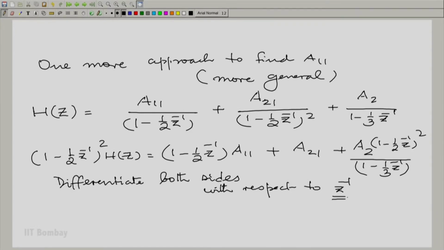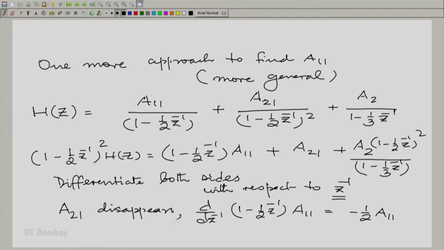So, treat Z inverse as a variable here. And now, when you do that, A21 disappears and the derivative with respect to Z inverse of (1 minus half Z inverse) into A11 is minus half A11.